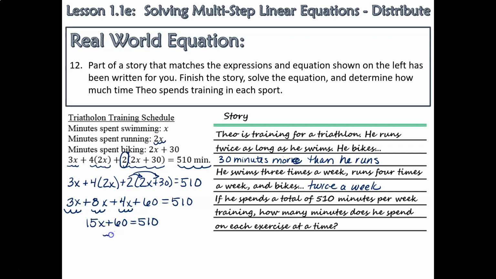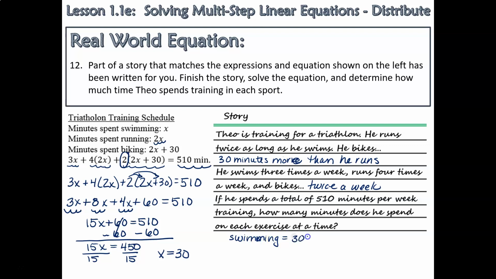Now I'm going to undo this addition by using the inverse, which is subtracting 60. So I have 15x equals 450. And when I undo that multiplication by dividing by 15, x is 30. So every time he swims, that's x.